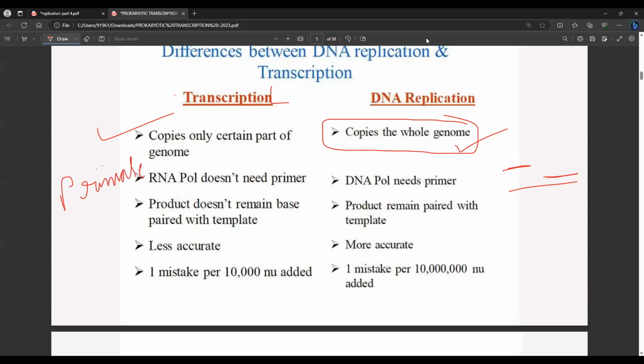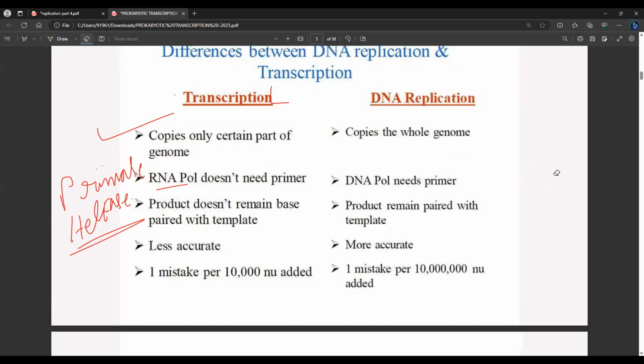And of course, friends, RNA polymerase enzyme has intrinsic helicase activity also. That statement is also true. It does not require the helicase also. It will open the double-stranded DNA very easily. Now, see the third point I have written here. I have written a point that the product remained paired with the template.